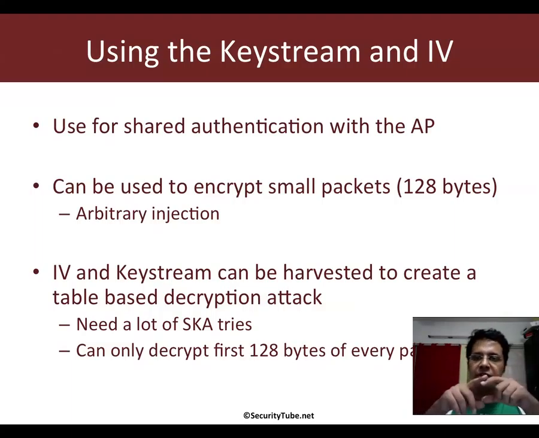Doing the reverse process, we will basically have a database of initialization vectors and the corresponding key streams, which we can collect over time. Now, this database can be used for decryption of packets which we find later on in the same network using the same initialization vector, right? So we'll take this up in more detail in the WEP encryption class.